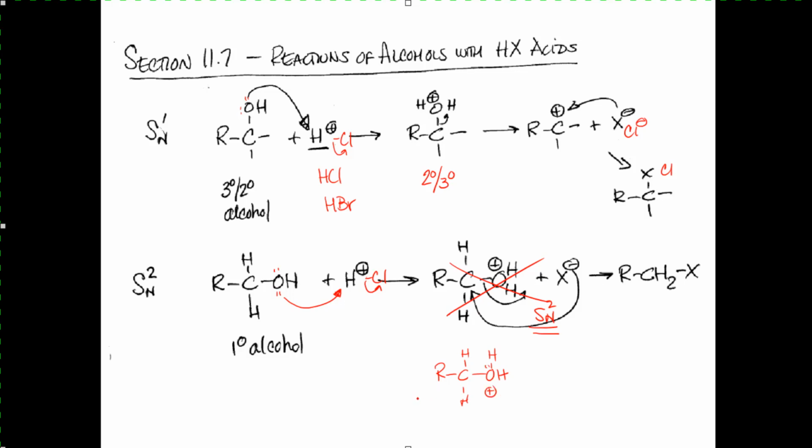Our chloride would come in, do backside attack, and then the water would leave. The transition state would look like this. And then it will go on to form the final product, which is going to be that product.